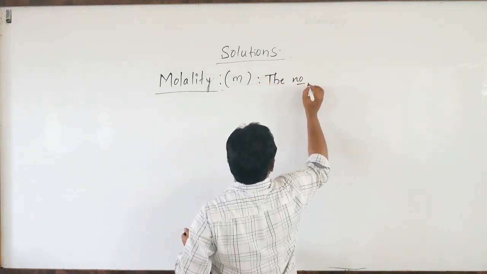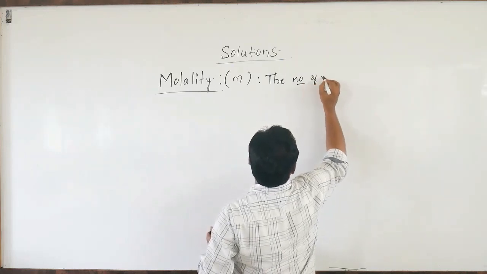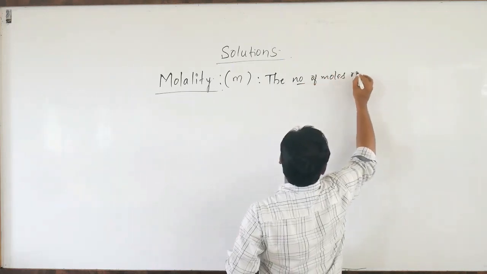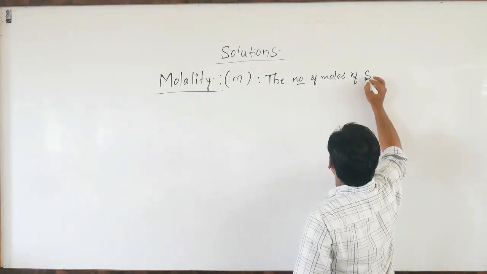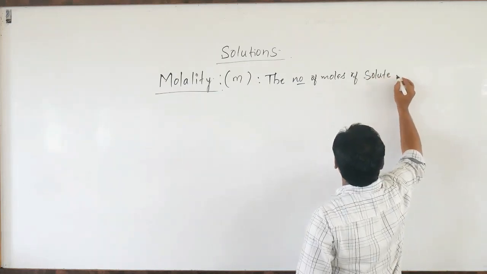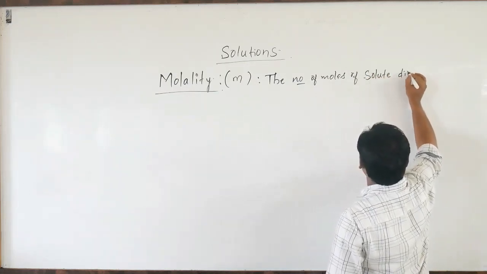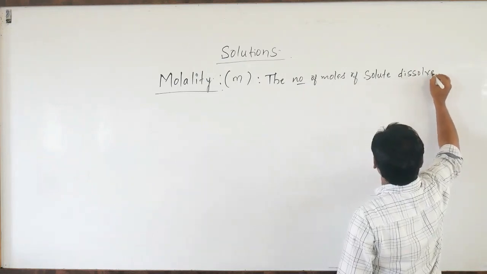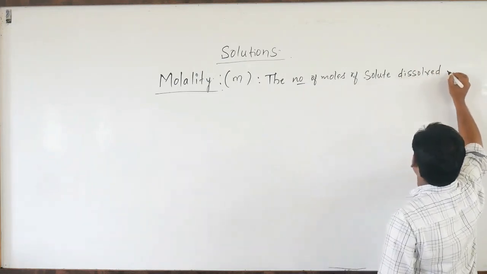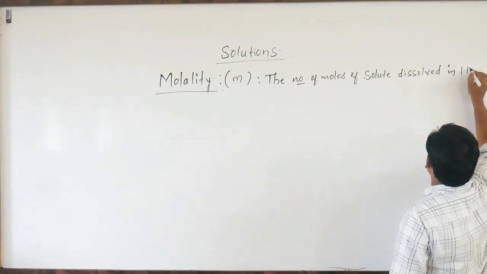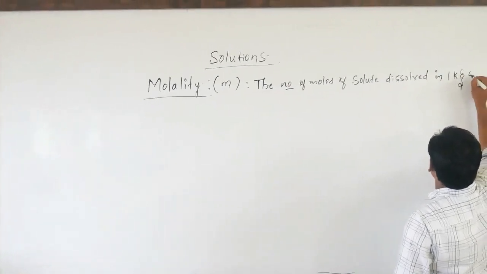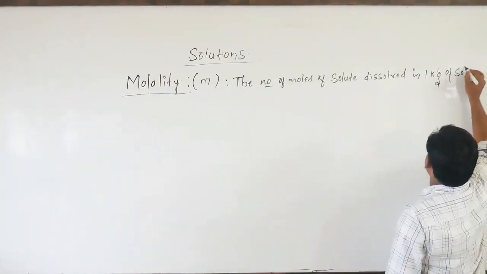So how to define this one? The number of moles of solute dissolved or present in 1 kg of solvent.